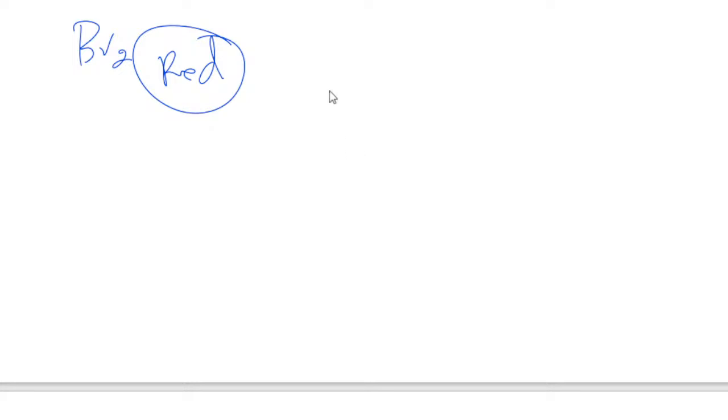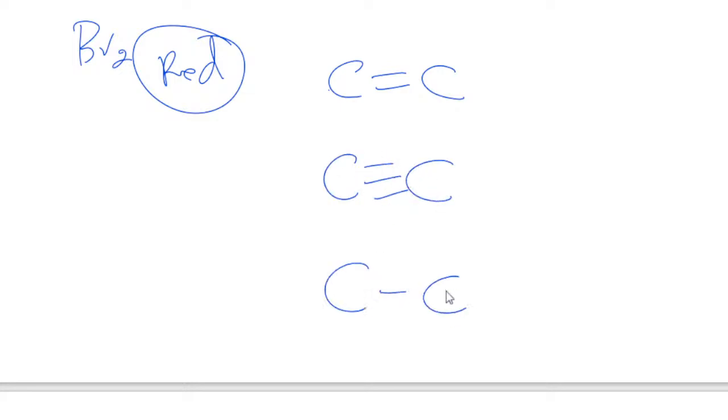So when the bromine color turns colorless as a result of that reaction, it means that the compound had a double bond between carbon atoms, or a triple bond between carbon atoms. So alkanes will not decolorize. They will not change the bromine water, the red color, into colorless. Never. What will do that is either a triple bond or a double bond.